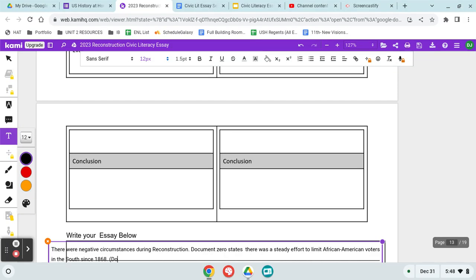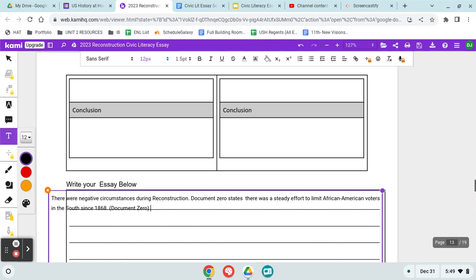I want to show really clearly which document I am using here. Okay, let's see, what else can I do? These are negative circumstances that meant African Americans, I don't care about spelling, I'll come back for that later, were not granted the right to vote in several states.